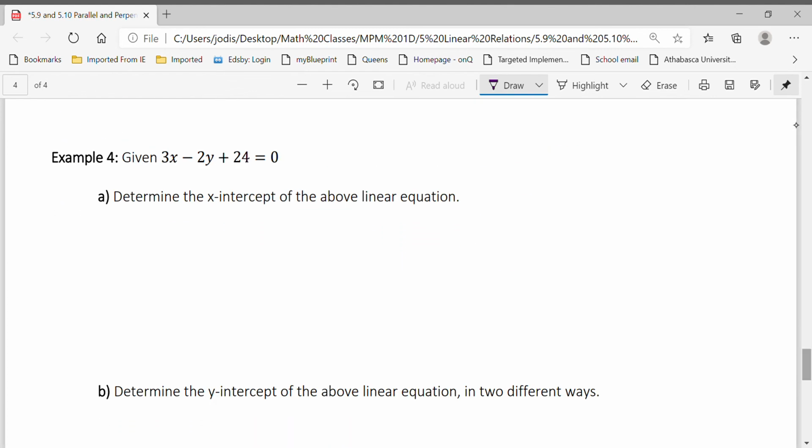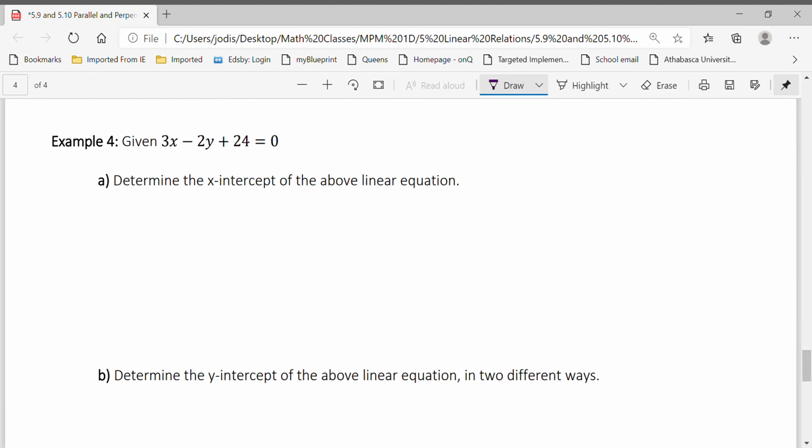Okay, and last 2 here, we're given an equation and we want to find the x-intercept first. So let's write down our equation. Remember, if we want the x-intercept, we know that y has to equal 0.